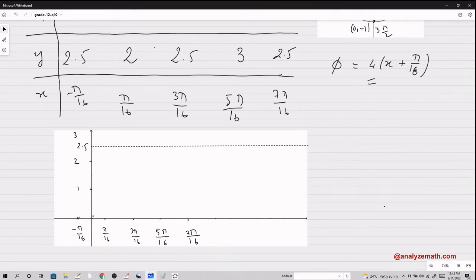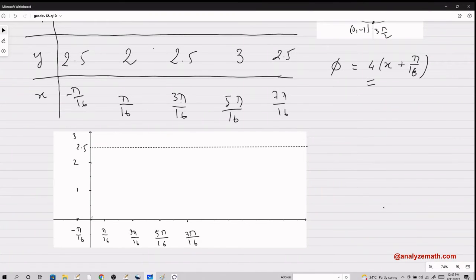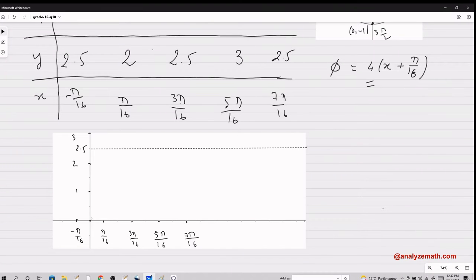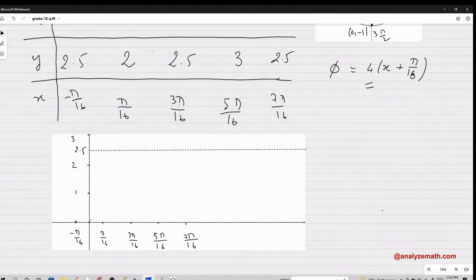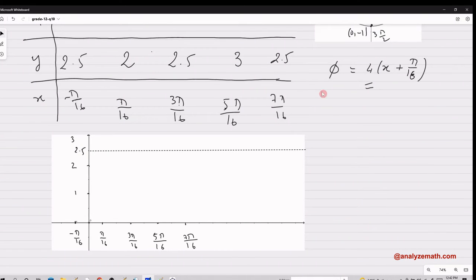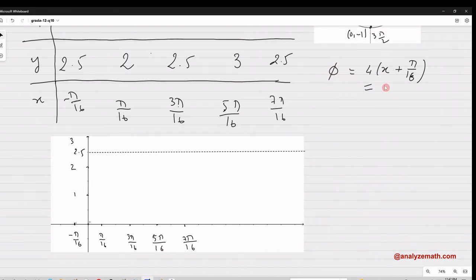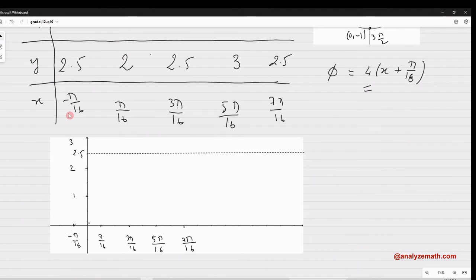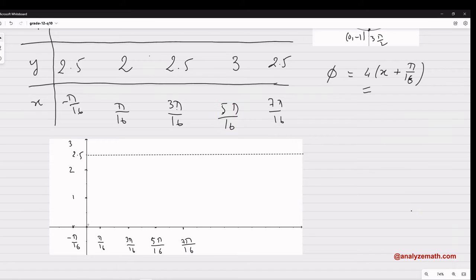Now we use the values in the table, which give us y values over one period of x. It's one period of x because phi was over one period, and the relationship between the two is linear. So one period of phi gives you one period of x, which extends from negative pi over 16 to 7 pi over 16. So let's find the period.